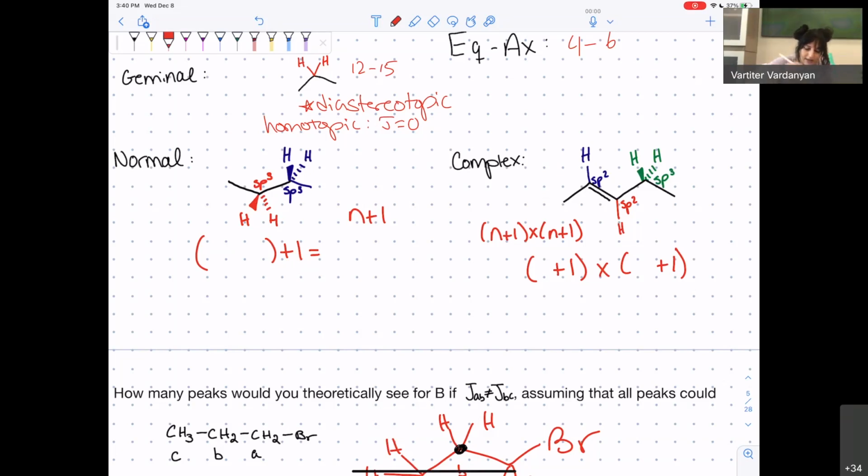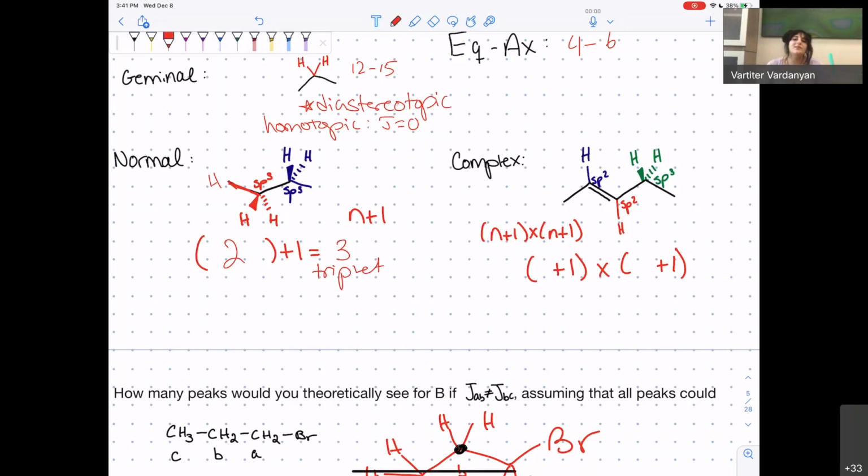And I actually made a mistake. This is also supposed to be a hydrogen. So please correct that in your notes. The 3 hydrogens, which are red, are going to have 2 blue neighbors. So 2 blue neighbors plus 1 equals 3. This is a triplet.